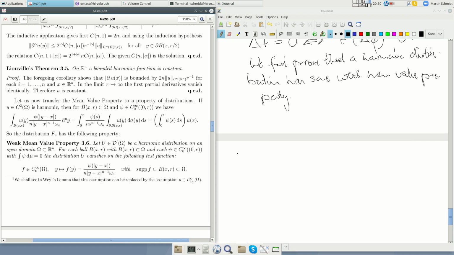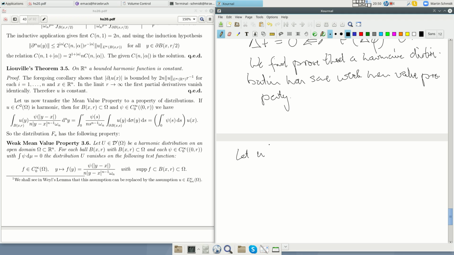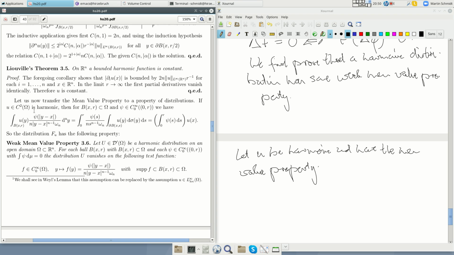So let u be harmonic and have the mean value property. We already showed that every harmonic function has the mean value property. And then we do the following calculation.